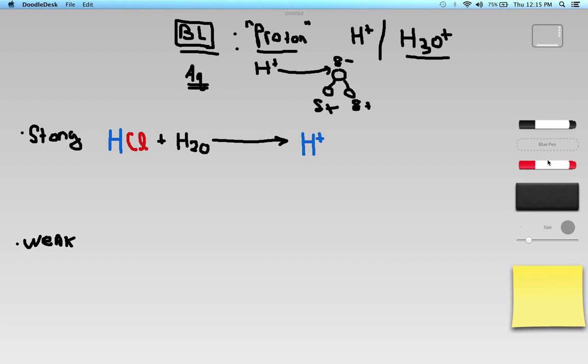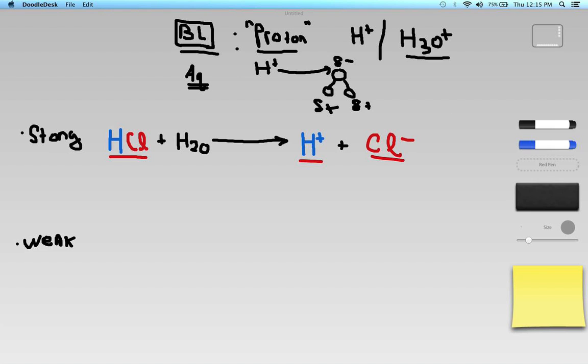And then, of course, the chlorine, so H plus, chlorine now becomes the chloride ion. So the hydrochloric acid molecule has dissociated into the hydrogen and the chlorine.